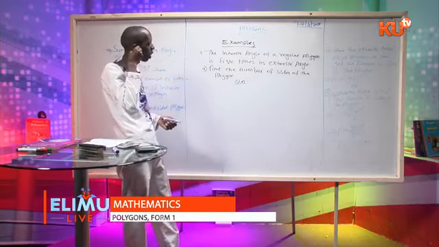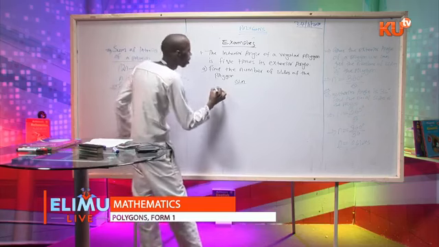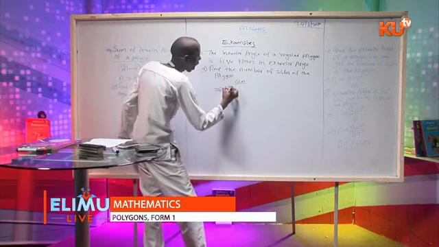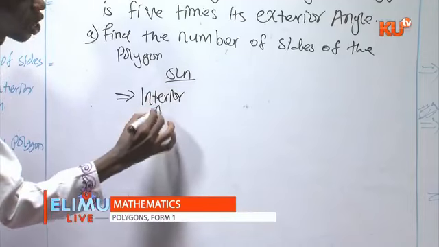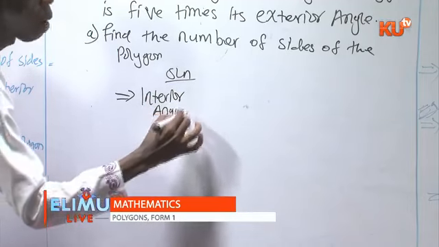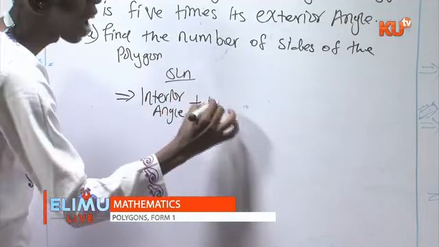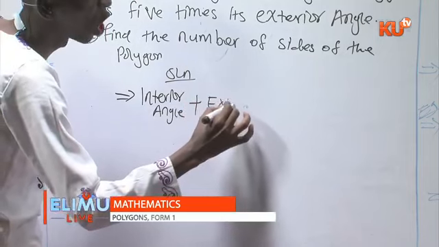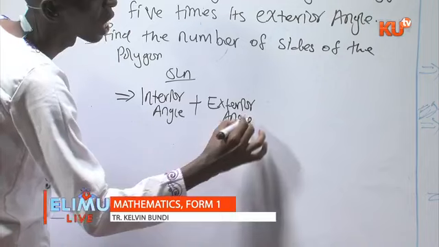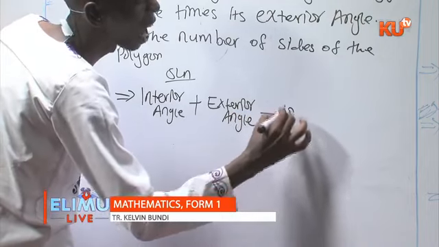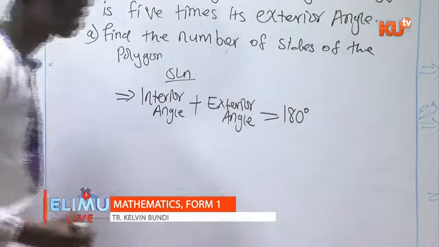Another important formula that you should note is that if you take an interior angle plus an exterior angle of the polygon, it adds up to 180 degrees.